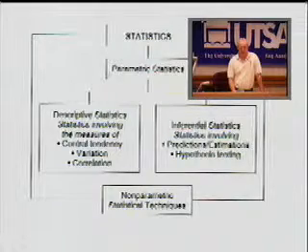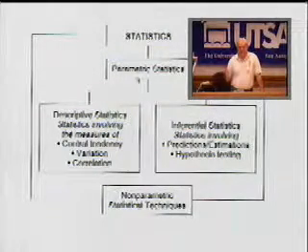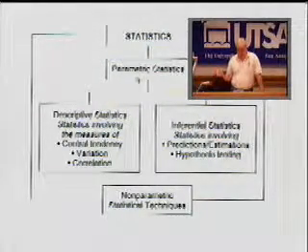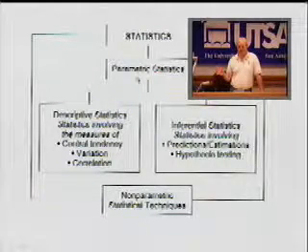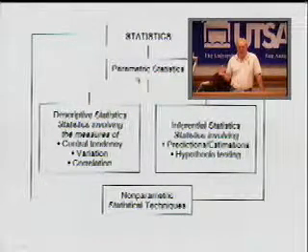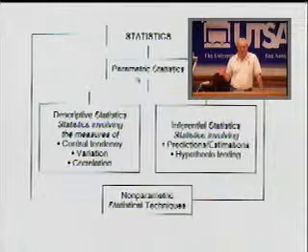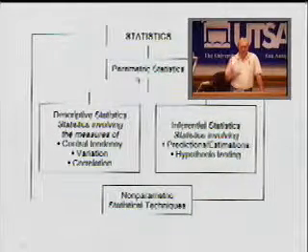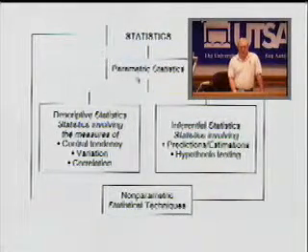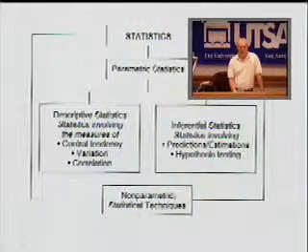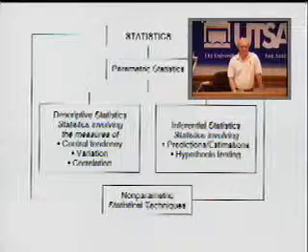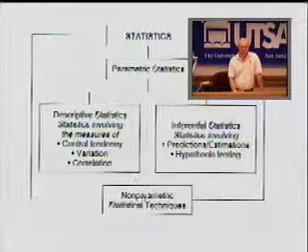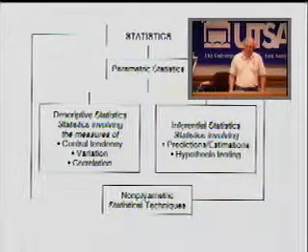If the frequency of the population data points fit that near perfectly, then you have a normal distribution. If not, then you don't have a normal distribution. Then you have to use non-parametric statistical techniques. So we're going to introduce ourselves to both parametric and non-parametric types of approaches.